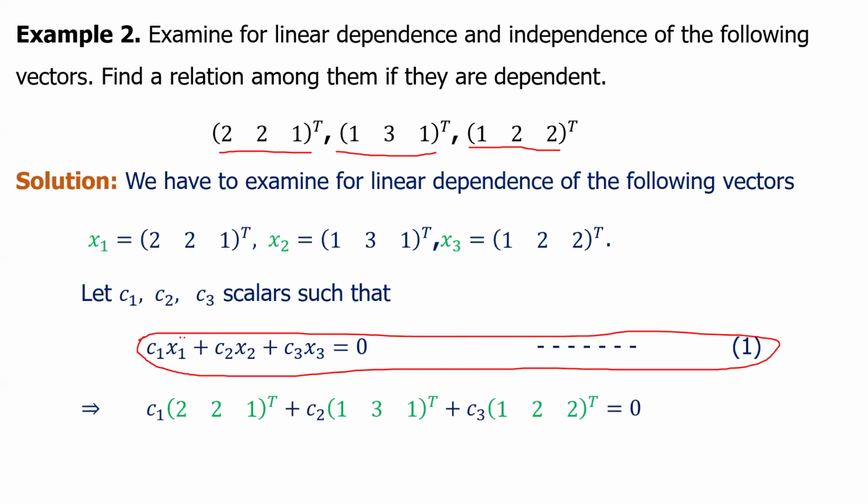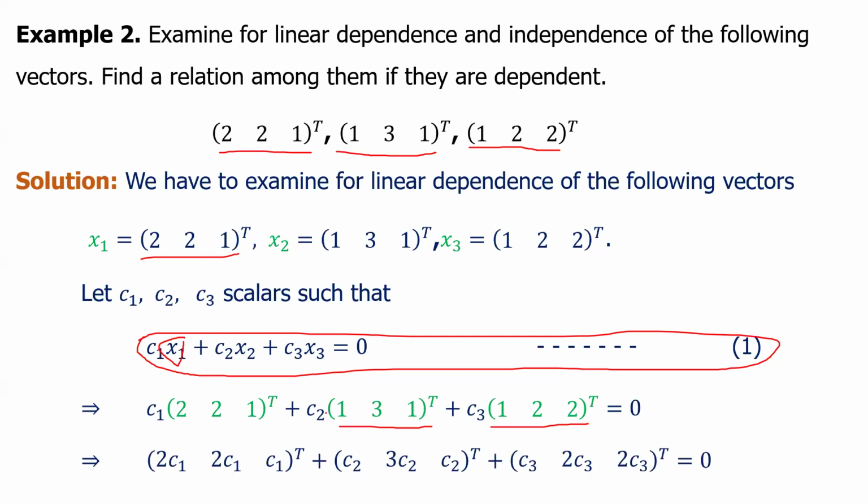Now we substitute the value of x1, which is (2, 2, 1) transpose, the value of x2, which is (1, 3, 1) transpose, and the value of x3, which is (1, 2, 2) transpose, equal to 0. If we multiply C1 with the first vector, we get 2C1, 2C1, C1. Similarly, multiplying C2 with its vector, we get C2, 3C2, C2.